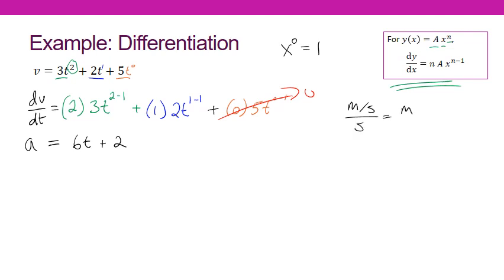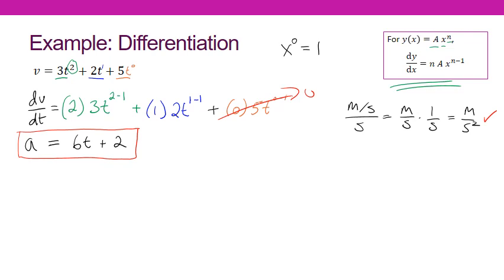This is then meters per second times 1 over seconds. Those are equivalent. So sure enough, we get meters per second squared, and that is units of acceleration. So this is then the derivative of our velocity function.